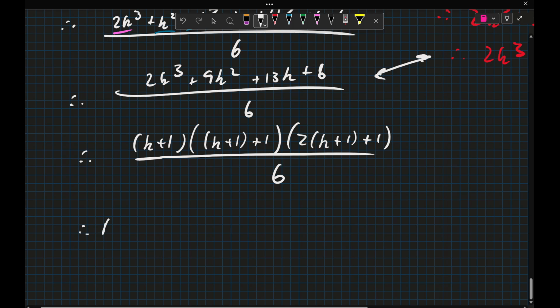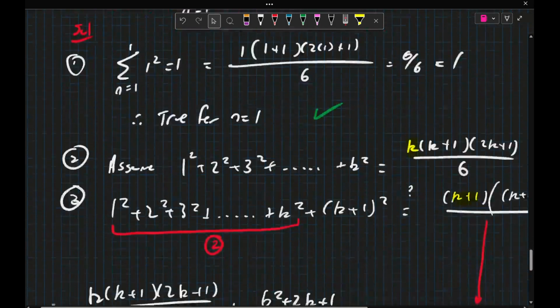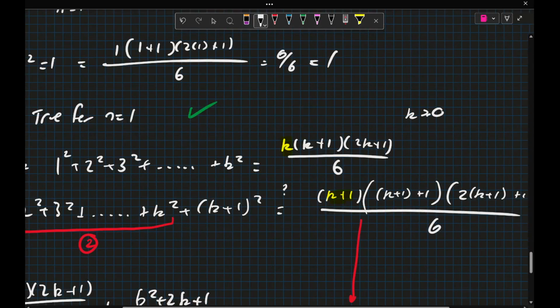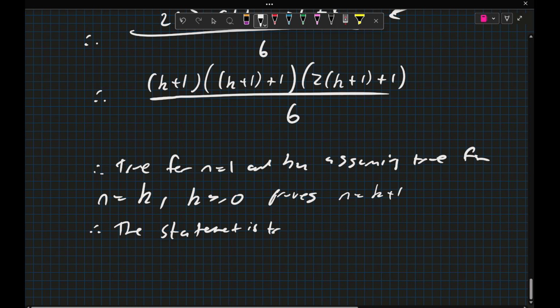So therefore, true for n equals 1, and by assuming true for n equals k, where k is greater than or equal to 0, I should have said that actually. Assume n equals k for k greater than 0 proves n equals k plus 1. Therefore, the statement is true for all n greater than or equal to 1. And that's the proof.